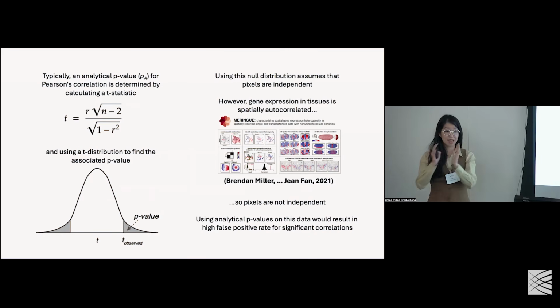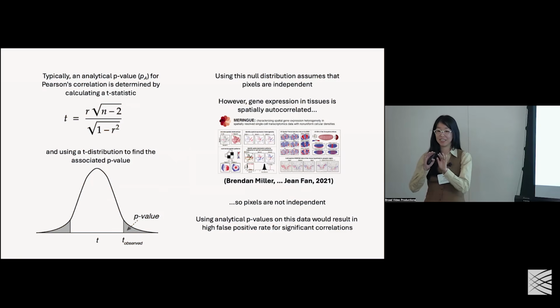It assumes every observation is independent from each other, which in this case would mean assuming that all the pixels are independent from each other, which in the context of gene expression, we know is not true. And we actually leverage this. Gene expression is very spatially autocorrelated in a tissue.